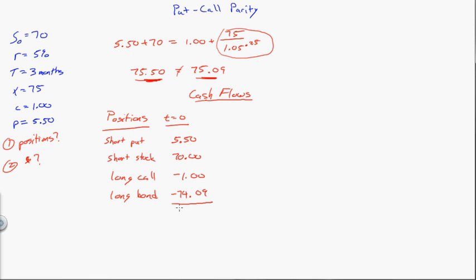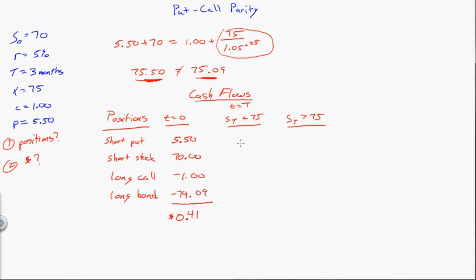Hopefully I did. And so the profit there is 41 cents. Well, so that's positive cash flow at that time, and when the options expire, the ending stock price will either be below the strike of 75 or above the strike of 75.